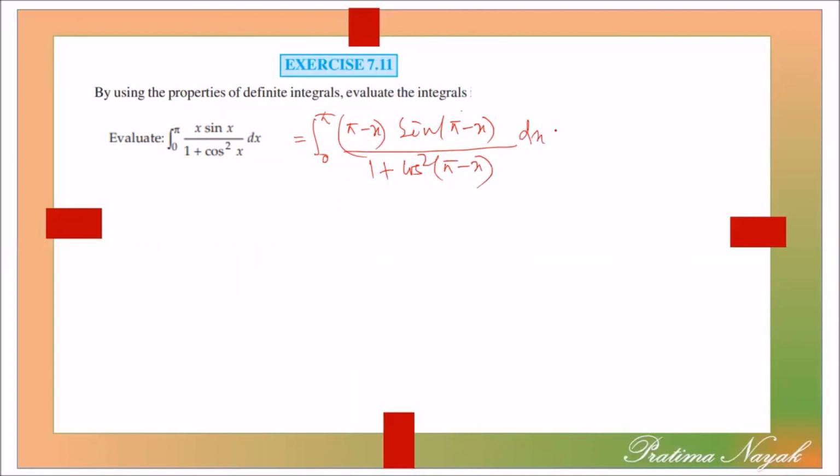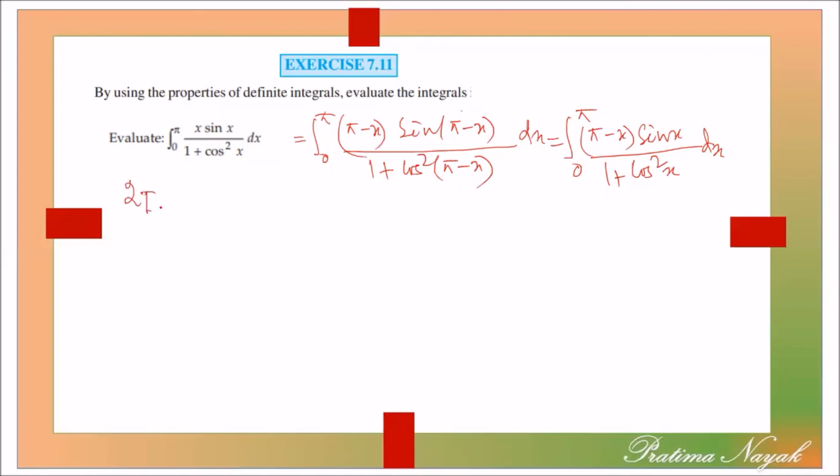So what is the result? The result will be 0 to pi of (pi minus x), and this will be sin x by 1 plus cos square x. Cos(pi minus x) is minus cos x, but since it is the square, you are again getting positive.